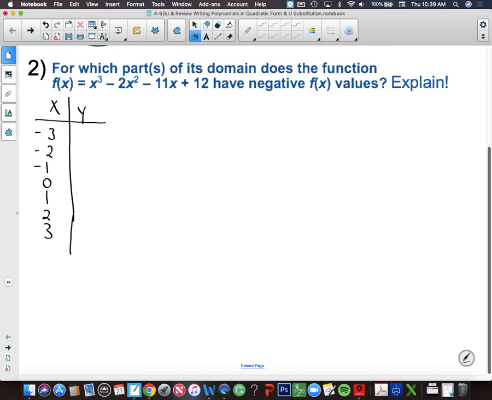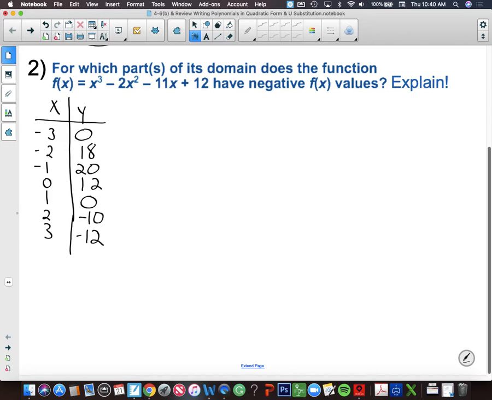And when we do that, we should have these values for -3 to +3. So you get a 0, 18, 20, 12, another 0, -10, -12.